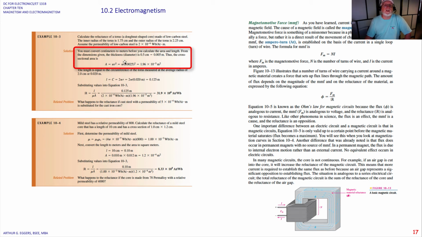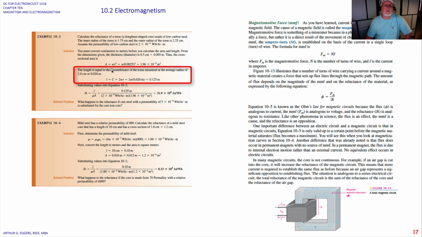Thus the cross-sectional area is equal to pi r squared. The value of r was 0.0025 squared, which gives us 1.96 times 10 to the minus 5th meters squared.